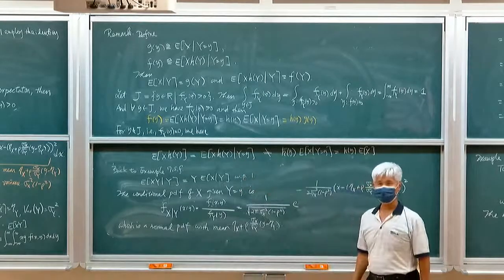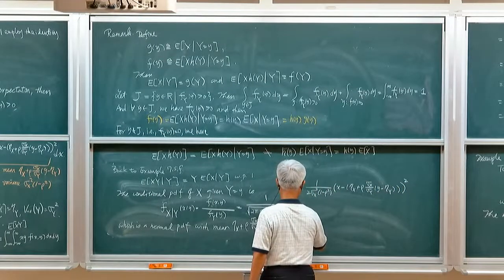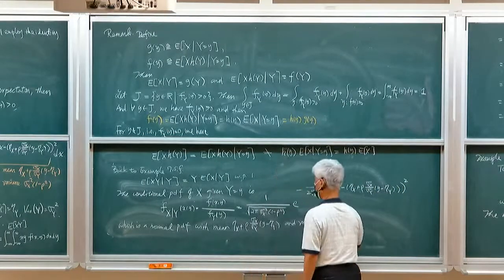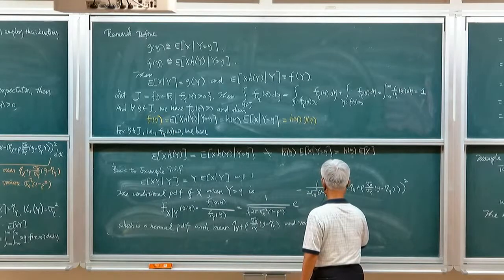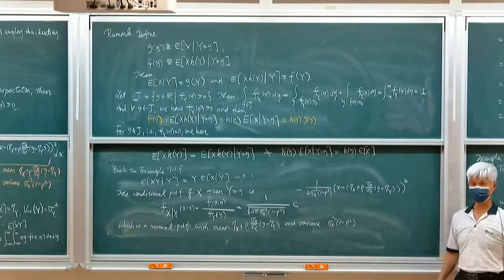And the variance is sigma x squared times 1 minus rho squared. So it's a normal PDF of this.